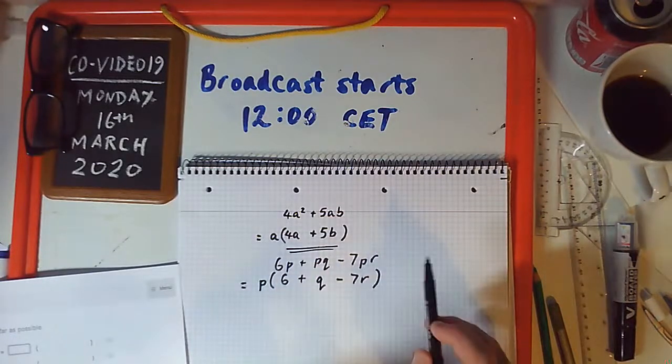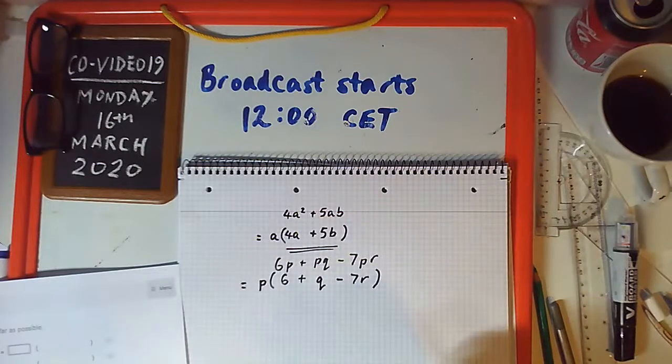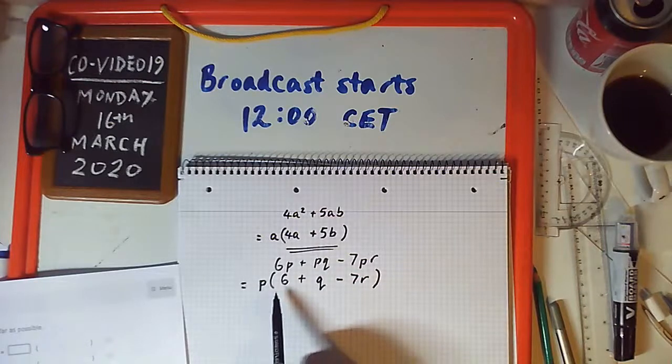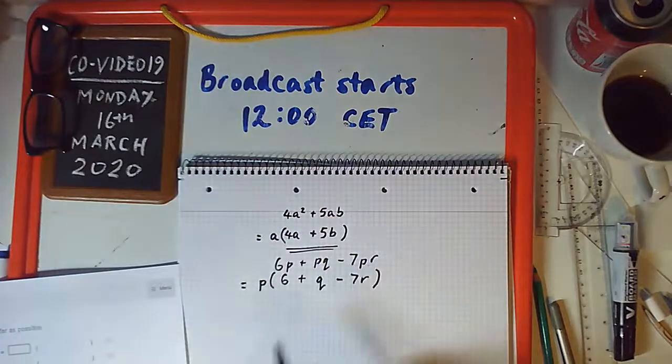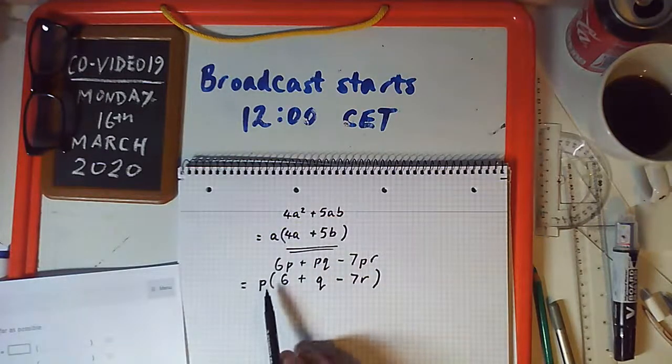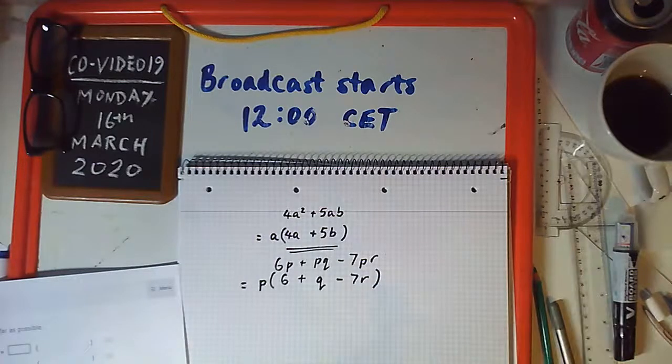The order of those letters doesn't matter. 7PR, 7RP all mean the same thing. So that's that one factorized. So 6P plus PQ minus 7PR can be written as P brackets 6 plus Q minus 7R.